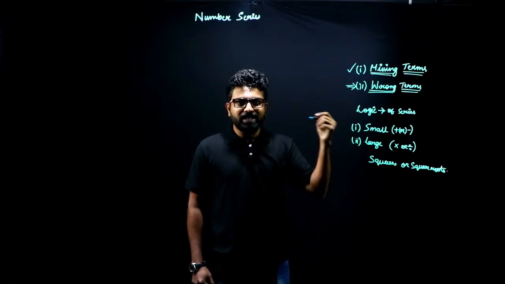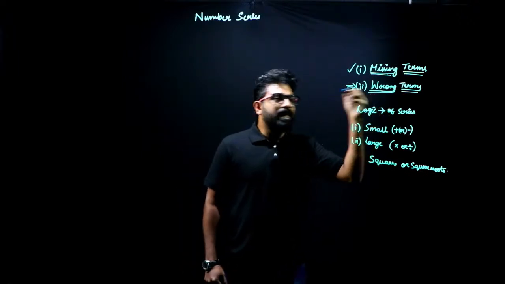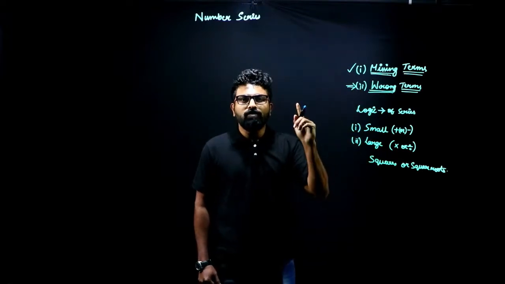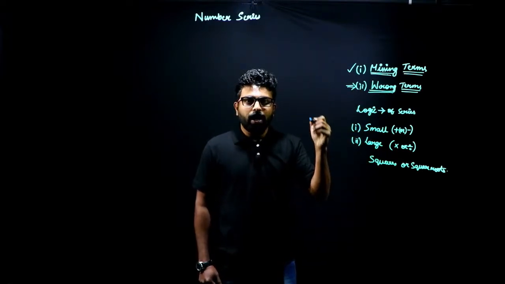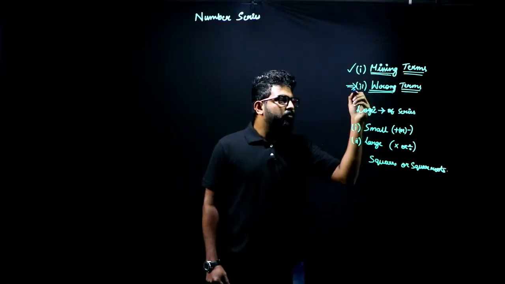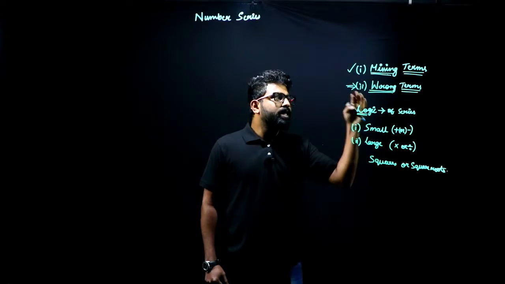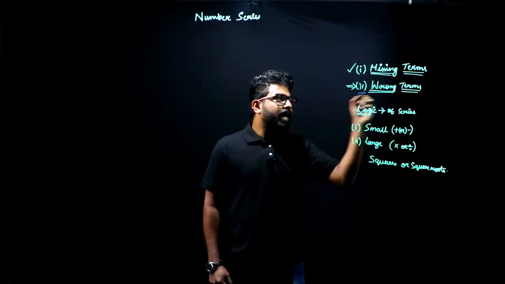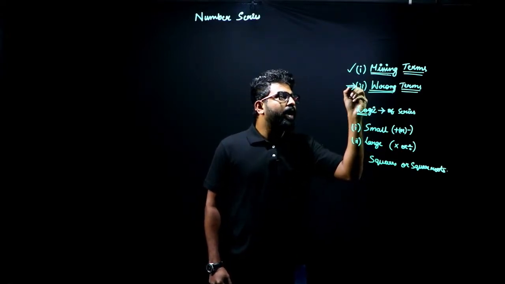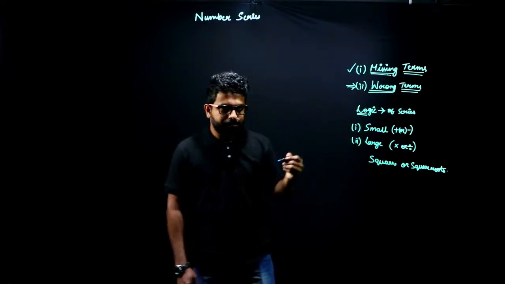The only difference is that they'll give a series in which one of the terms will be wrong, meaning the term will not be following the same logic as the other terms in the series. And that will be the wrong term. We'll need to find which the wrong term was.